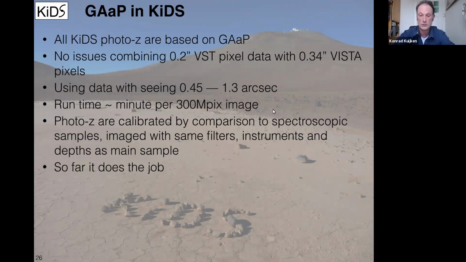It's quite fast, about a minute per square degree tile on not particularly fancy computers. And then the biases I discussed, the reason we don't worry about them too much is that we're doing our photometric redshift calibration by comparing two datasets which have been measured in exactly the same way, same kind of data on spectroscopic samples. And so far, this really is doing the job for us. So we're very happy with this.